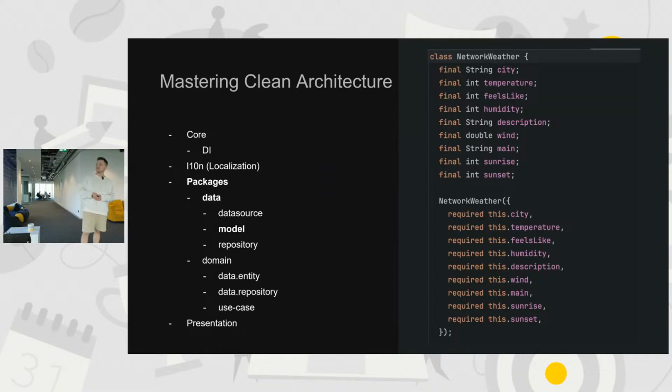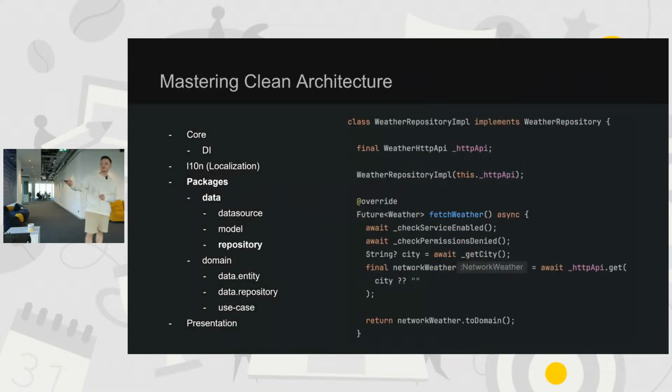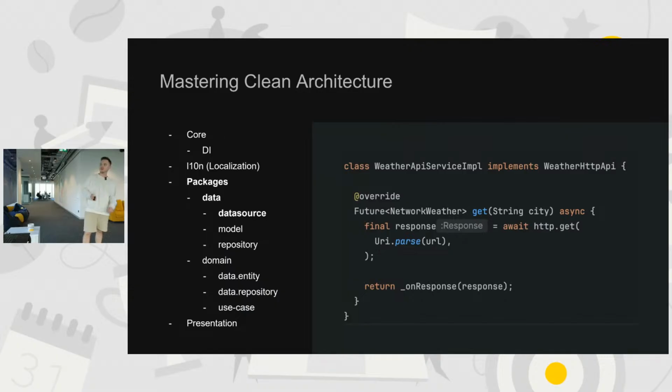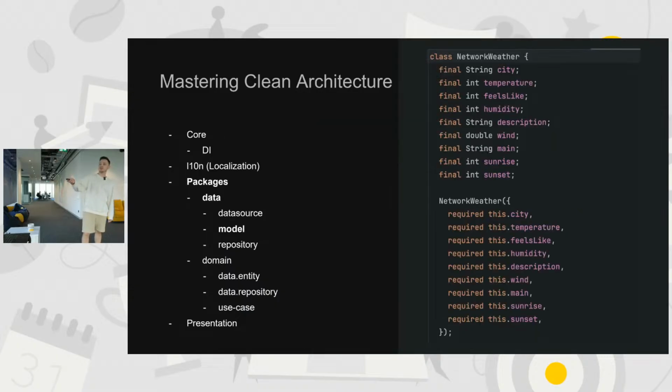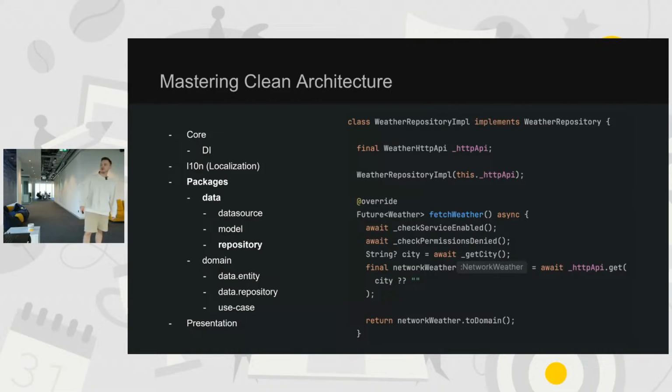Here is the model. Not much to say, actually, just network weather, which illustrates some data for the weather forecast. Also it has a repository, which has a link to the previous weather service implementation, but it operates with its interface. It also makes some checks, like service enabled and permissions. Then I get a city, and using this network weather, I receive the weather forecast.